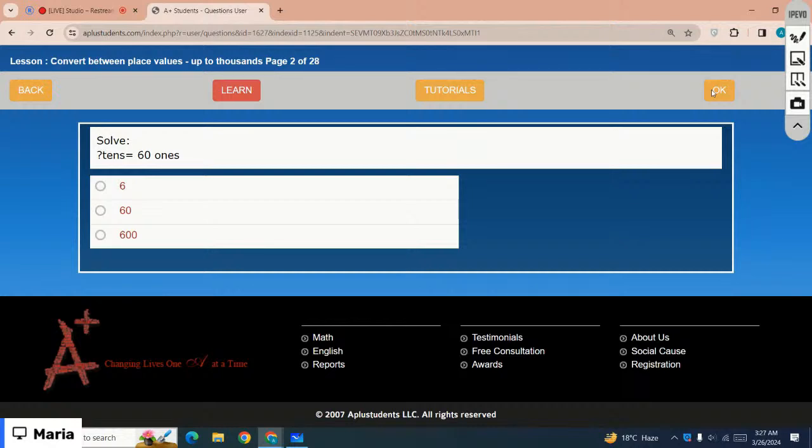You have six tens. You have 60 ones. You need to count the tens, right? 1 ten equals 10 ones. Here you are given 60. So that means you have 60 ones.